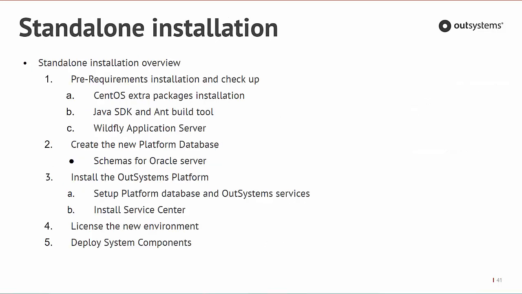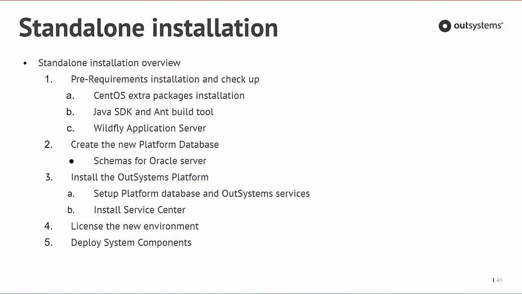So in a standalone installation, you have prerequisites: you need to make sure things are installed and properly configured before you even start installing the platform. Then you have the installation of the platform database and the platform itself.